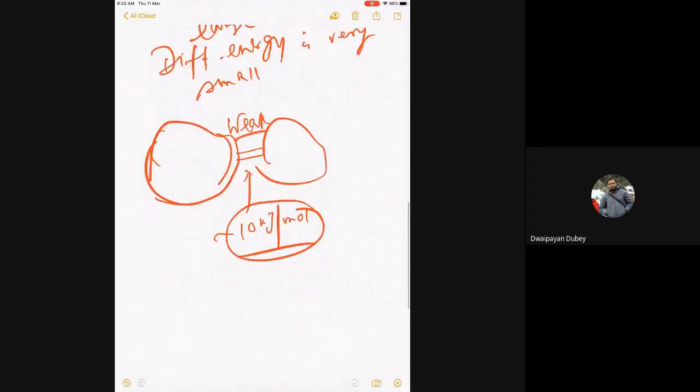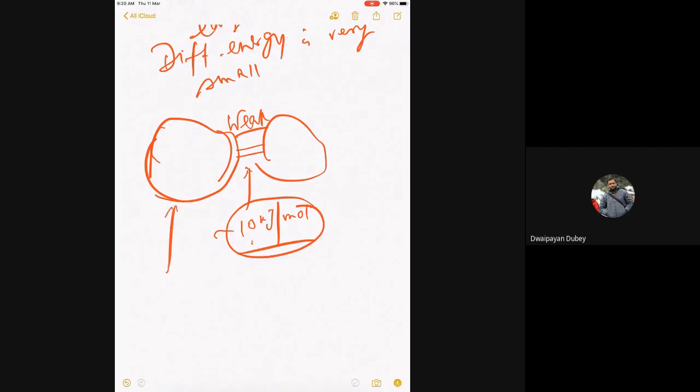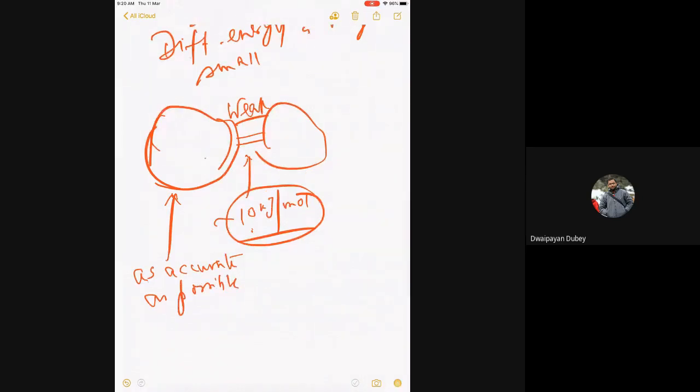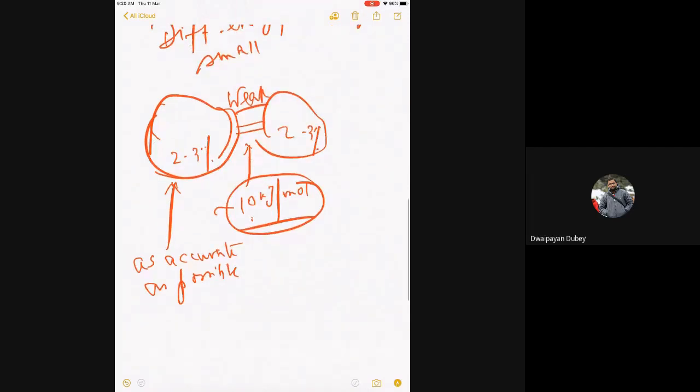You understand? If I'm taking a difference of two large numbers to predict a small number, what do I want? I want these to be as accurate as possible. Correct? And this error bar of 2 to 3% that I have is much larger than this difference energy. So you can easily have a 100 kilojoules error. And then you are saying 10 kilojoules in Hartree-Fock is a very predictable number. Nobody will believe it.